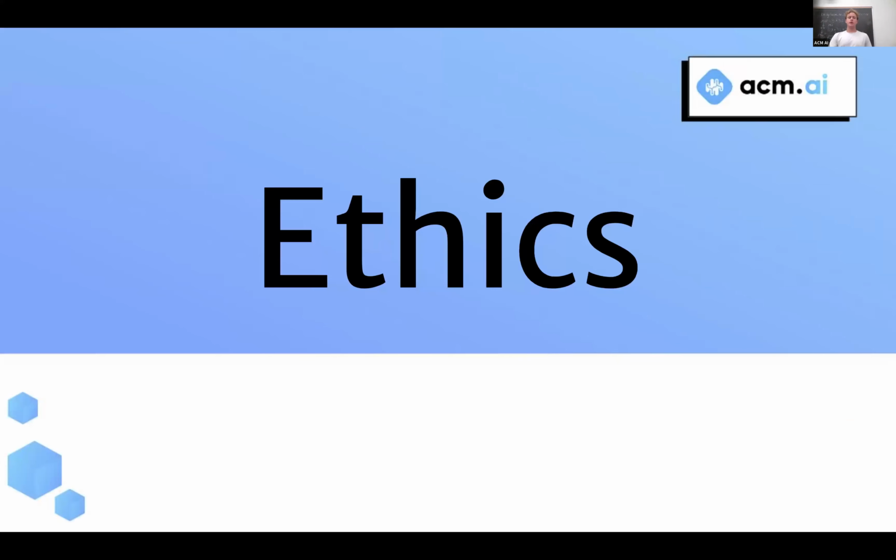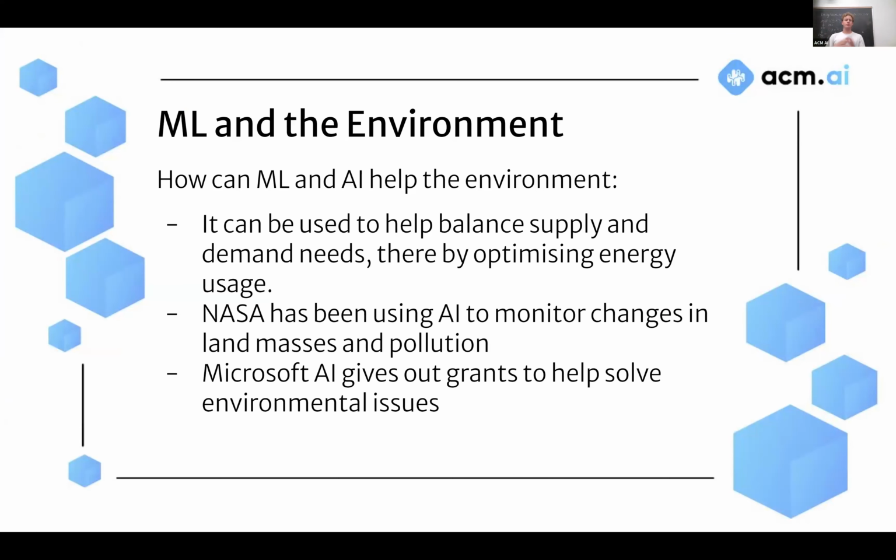Okay. All right, so now we're going to go into a quick note on ethics. So let's talk about the environment real quick. AI and ML is a double-edged sword with the environment, right? On one hand, it can be used to help balance supply and demand needs, which optimizes energy usage.